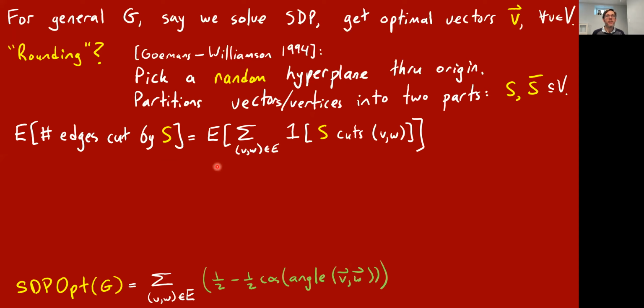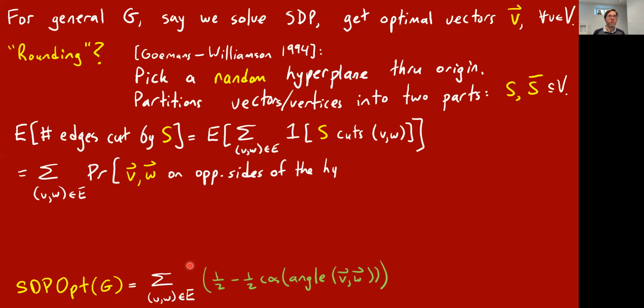Okay, so we can write this as the expectation over the random hyperplane of the sum over all edges VW of the 0, 1 indicator random variable that S cuts the edge VW, that one of V and W is in S, and the other is not in S. As always in life, whenever we see this expression, you should switch the expectation and the summation, and then you'll have the expectation of an indicator, and the expectation of an indicator is a probability.